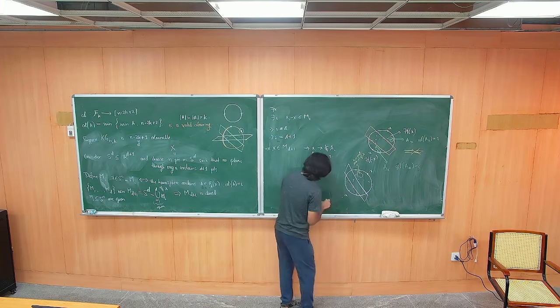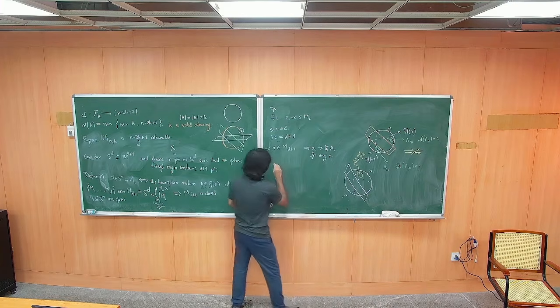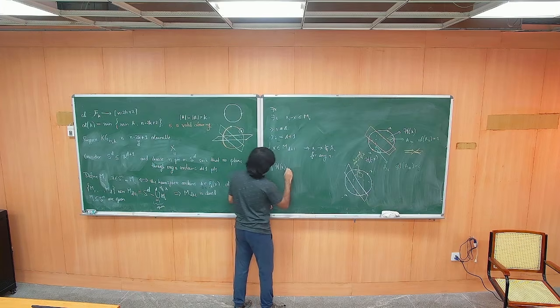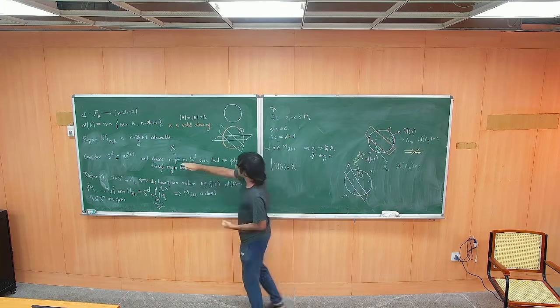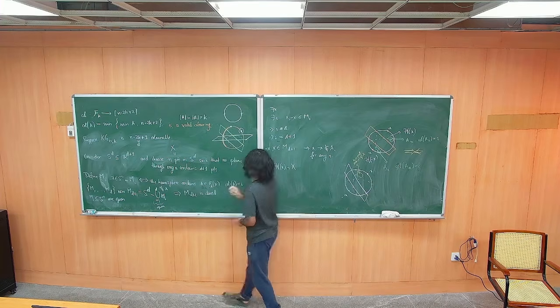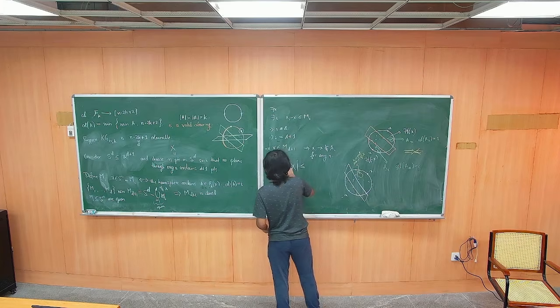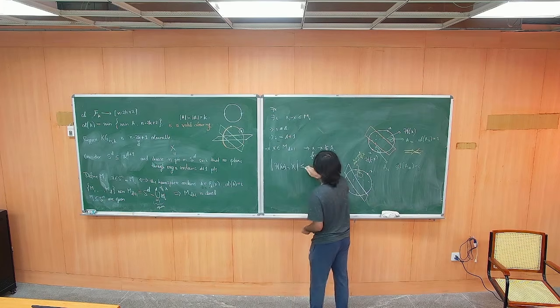So the cardinality of the hemisphere containing x intersection the base point set X is less than or equal to, okay, plus minus x here, is less than or equal to k minus 1.